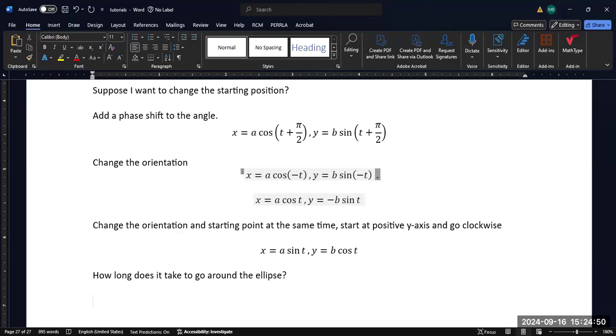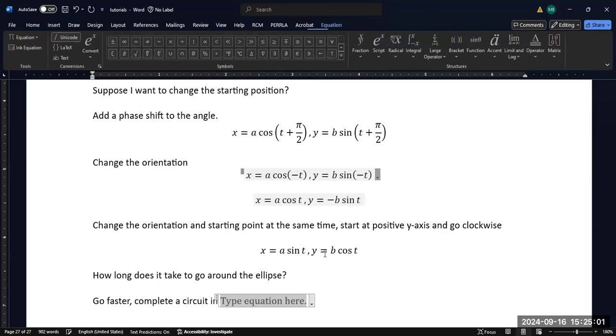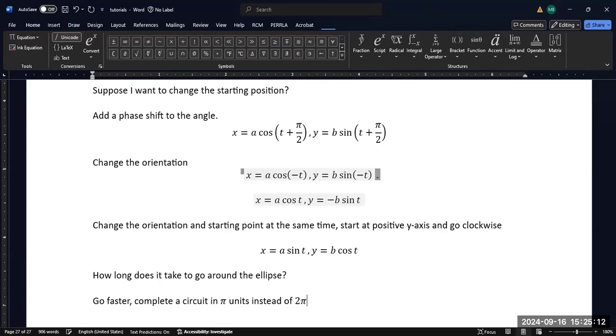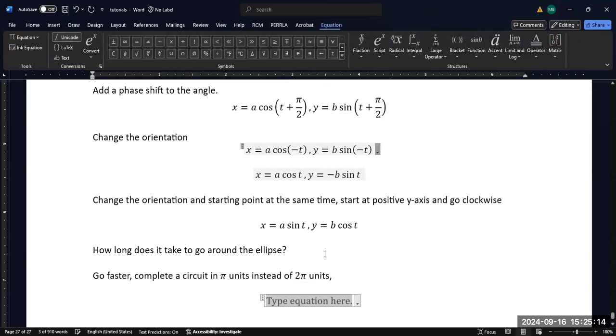But if we want them to go faster, so complete a circuit in pi units instead of 2 pi units, then we would have x is equal to a cosine 2t, and y is equal to b sine 2t.